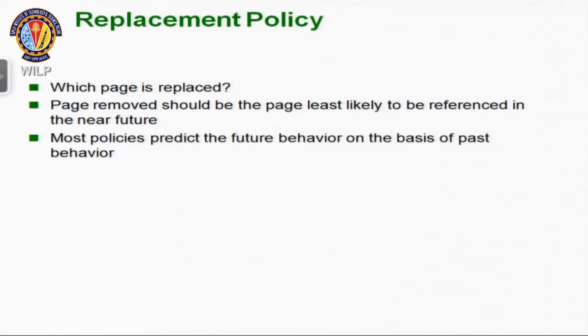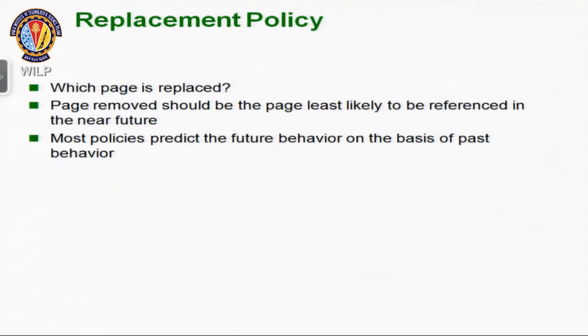Common sense would say that any page which is least likely to be referenced in the future should be chosen as a victim. This is a kind of policy which one would need to set for the replacement algorithm.